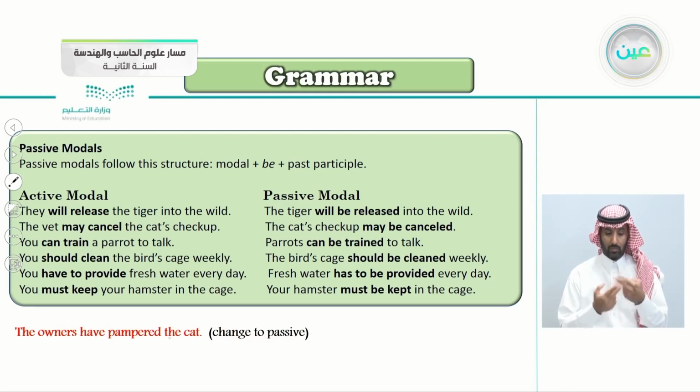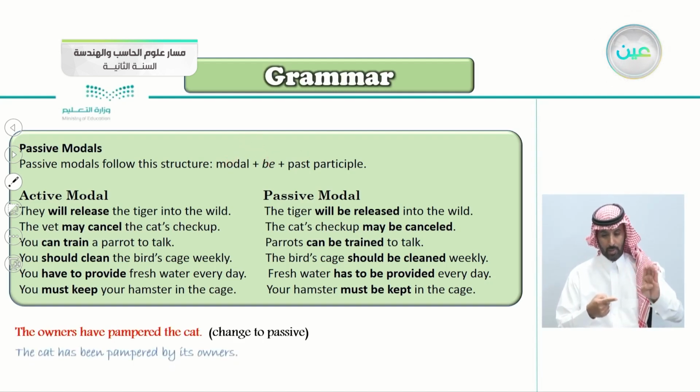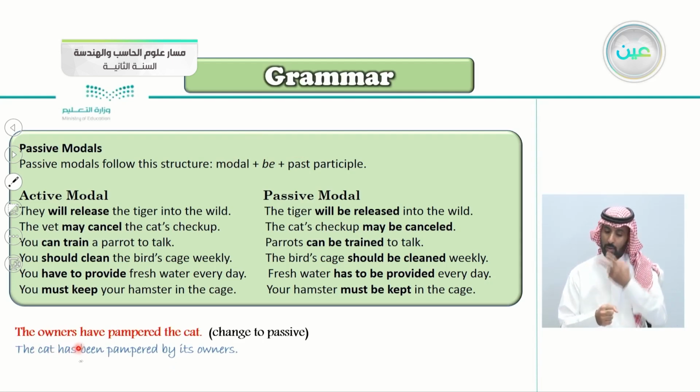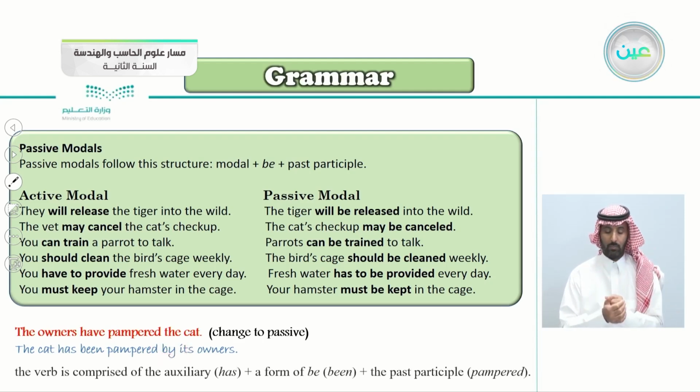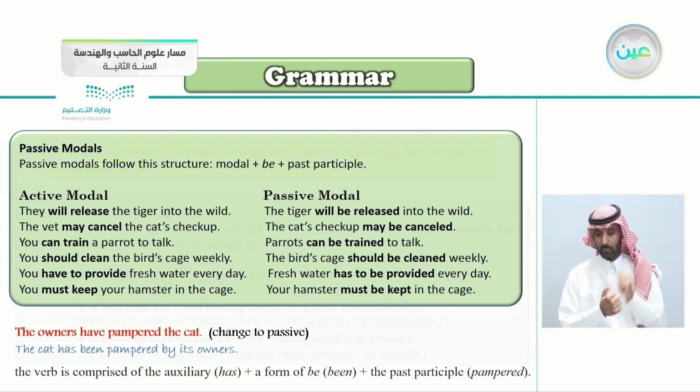We begin with the object, then the modal verb, then be, then the past participle. So we say the cat has been pampered by its owner. If you want to add the subject, you say by, then you write the subject, its owners. So the verb is comprised of the auxiliary has, plus the form of be, been, then the past participle, pampered.